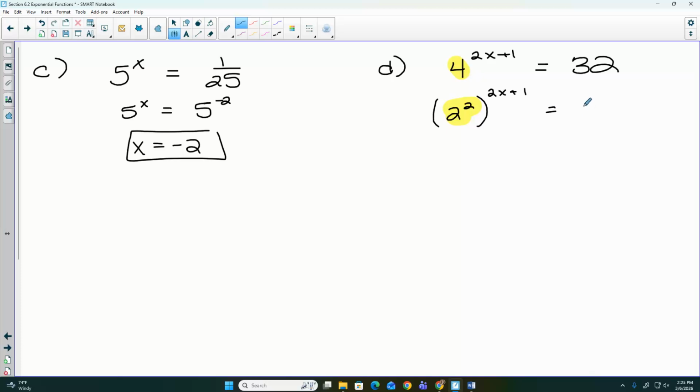Okay, over here, 32 is 2 to the 5th. So you might have to change both sides. Exponent rules. If you have a power to a power, what do you do with those exponents? Times. So that's 4x plus 2.